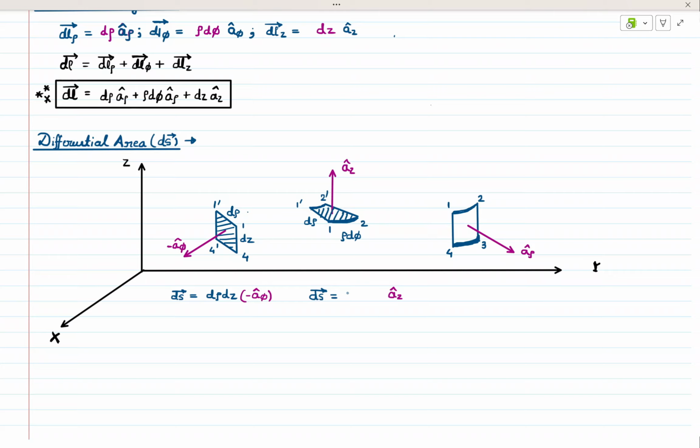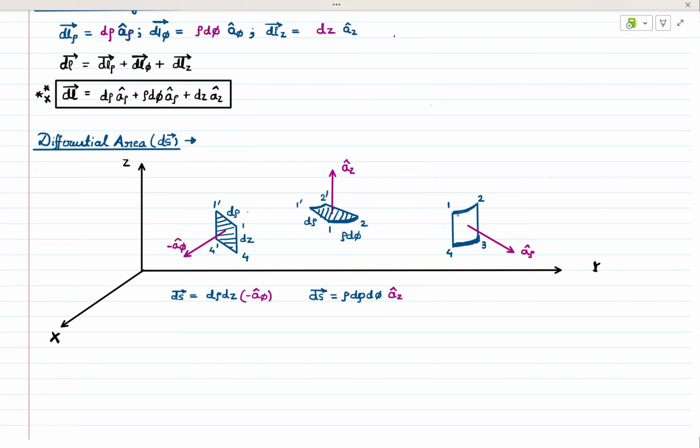Very simple: rho d-rho d phi. That is nothing but the multiplication of these two, d-rho and rho d phi, in the direction of the az.